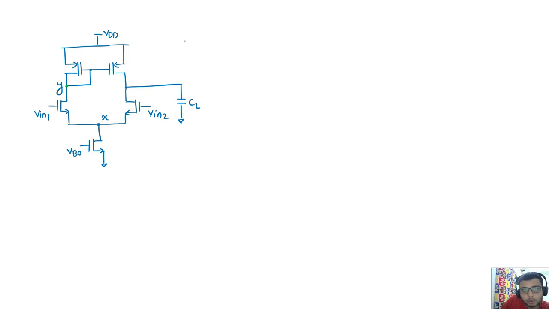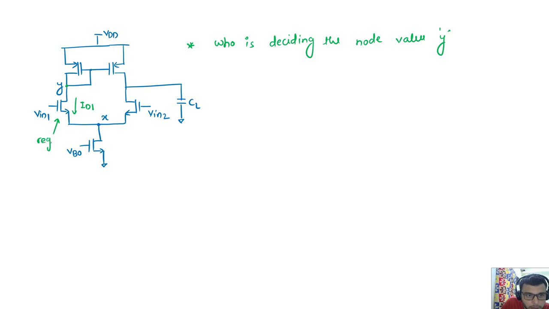So first we have to say who is deciding the node value. Whatever current is flowing across this transistor, if it is well in the region of saturation, and I am only talking about saturation, then there is a particular relation for that VGS. Let me call this M3, and this M4.